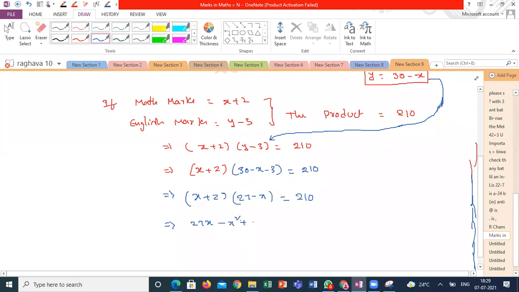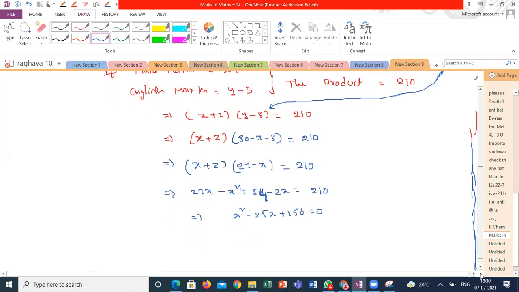Yes, 156. Sorry, 210 minus 54. x square minus 25x plus 156 is equal to 0.